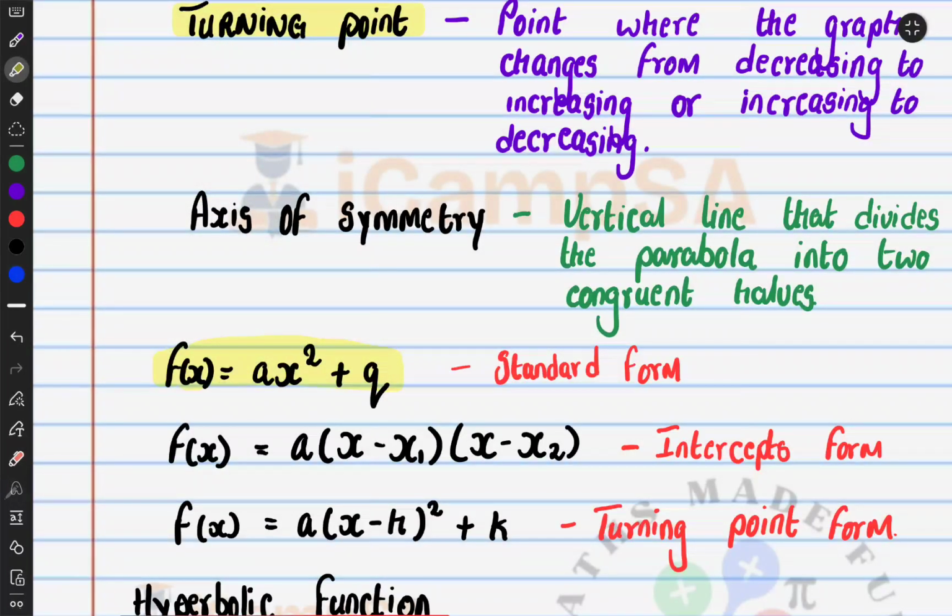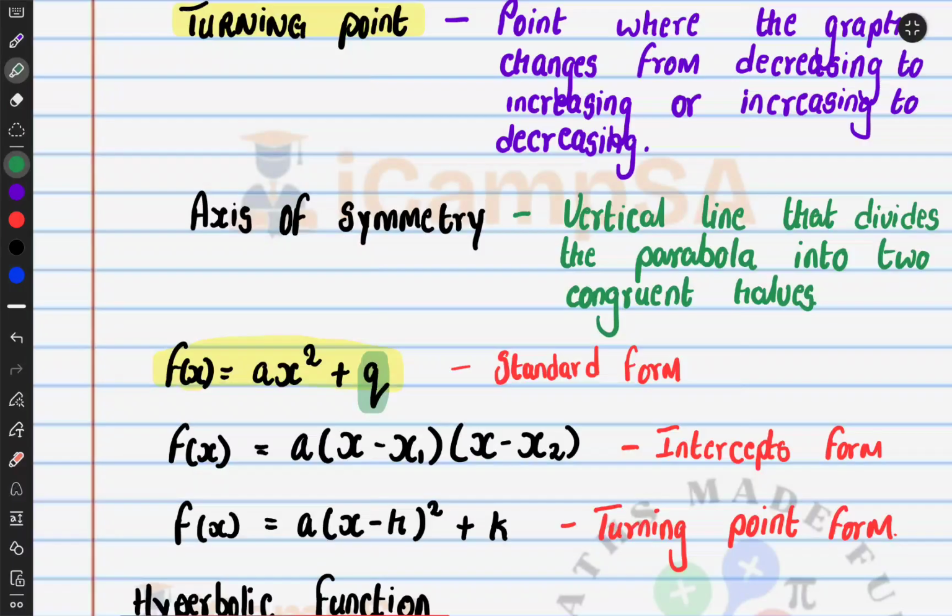And another thing that I forgot to mention when we were dealing with the parabolas is that the value of q, we know that it represents the vertical shift, but for a parabola, when we are dealing with that form of equation, the value of q also represents the y value of the turning point coordinates.